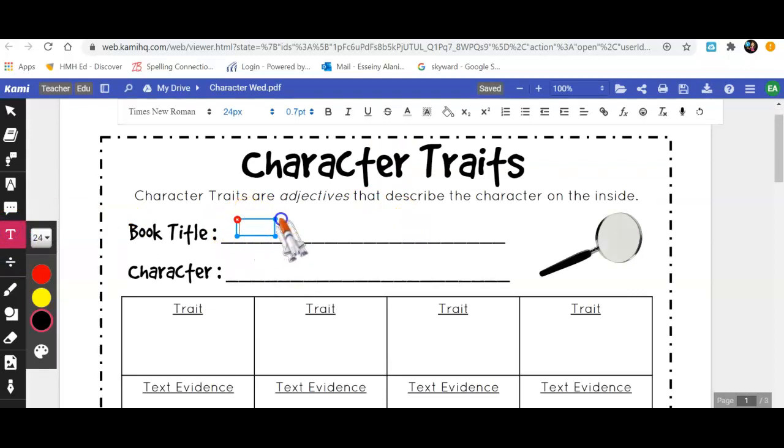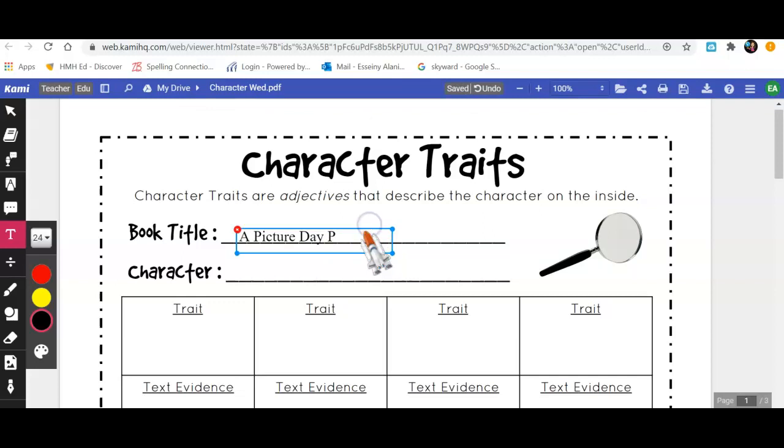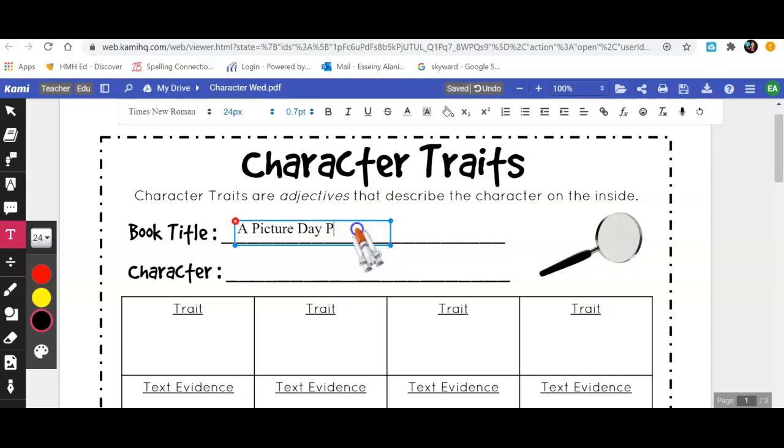The book is called A Picture Day Perfection. And the character, it never told us his name, but we're just going to put boy.